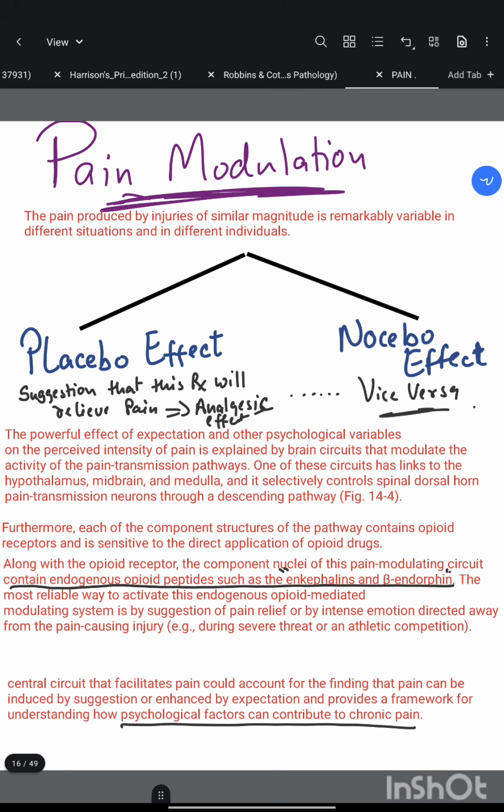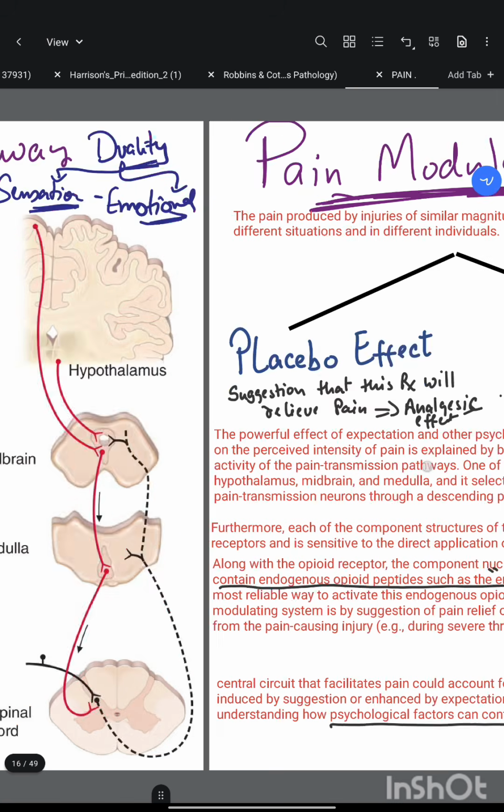On the other hand, a suggestion that this treatment will not help, or is going to increase your pain, actually increases the pain in the patient. It is a nocebo effect. So there is a powerful effect of expectation and other psychological variables on the perceived intensity of pain, which is explained by the brain circuits that modulate the activity of the brain. That is what is explained in this image.